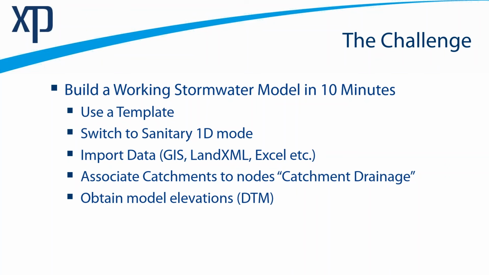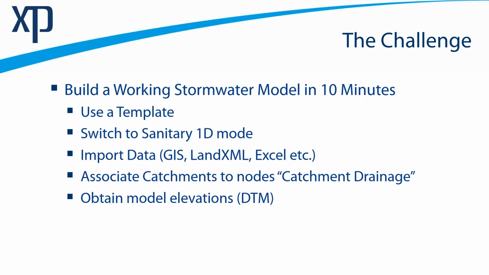This is new to 2017.1, and it changes the interface somewhat so that it's more customized and doesn't give you the clutter that you might have in doing a full 1D, 2D model. And I'm going to be importing data from various sources like GIS, LandXML, Excel, copy and pasting, and so on to get this accomplished in order to try to meet this challenge.